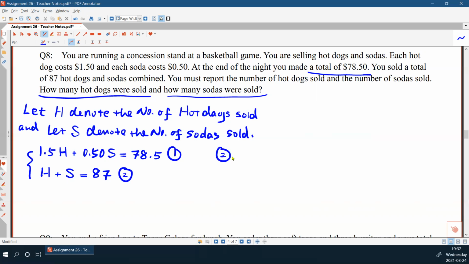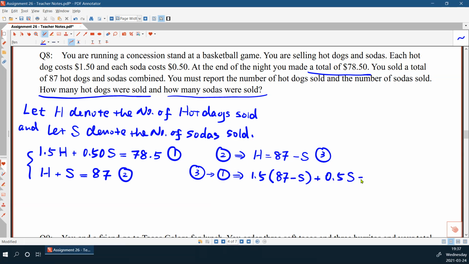Okay, this time we can start from number 2. Number 2 tells us that H is 87 minus S, right? So let's call this number 3. And then we can put number 3 into number 1. And this will give us 1.5 times H, which is 87 minus S, plus 0.5 S equals 78.5, right?